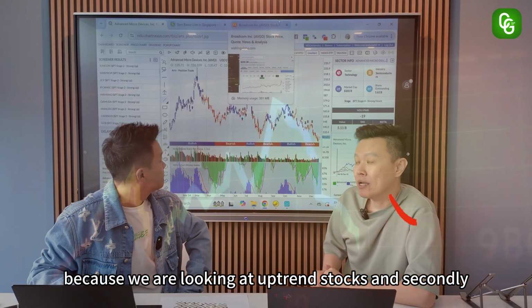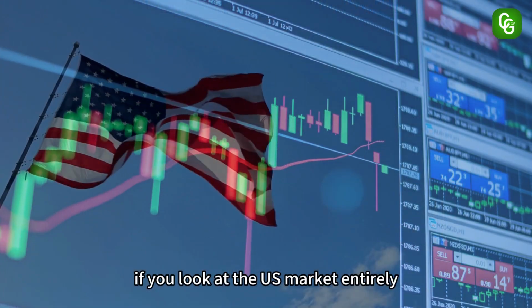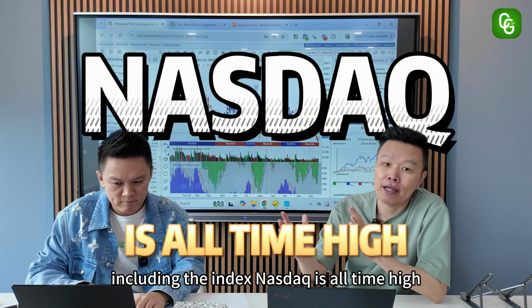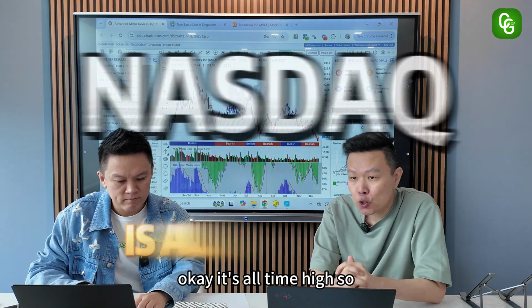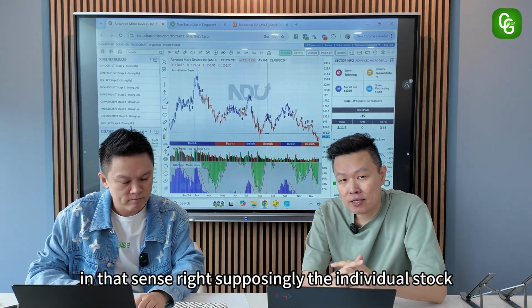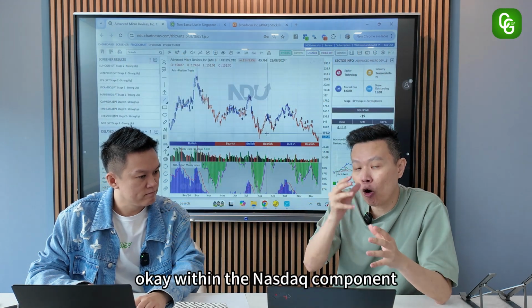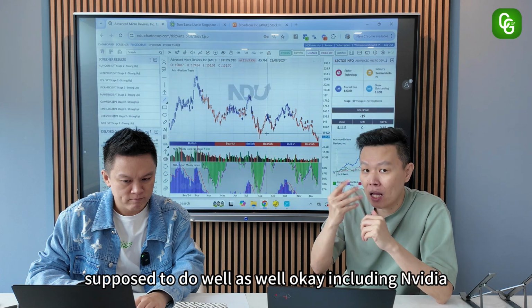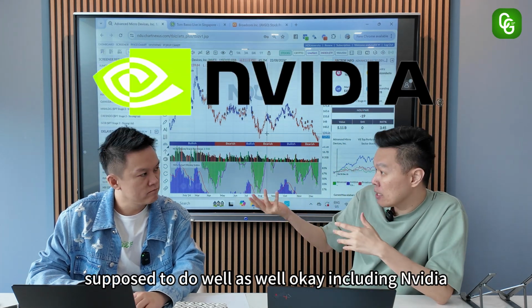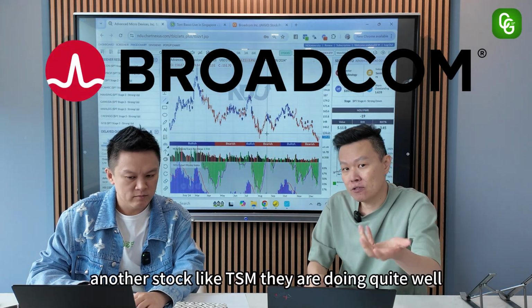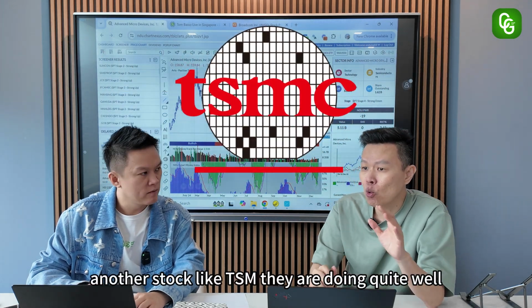And secondly, if you look at the US market entirely, including the index, Nasdaq is at an all-time high. So in that sense, supposedly the individual stocks within the Nasdaq component are supposed to do well as well. Including Nvidia, Broadcom, and of course another stock like TSM, they are doing quite well.